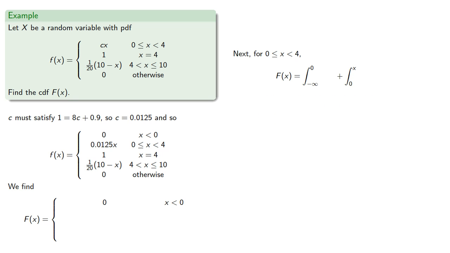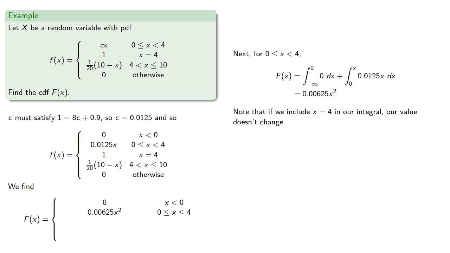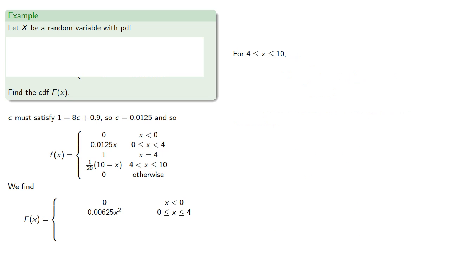And in the first interval, our function is 0, and in the second interval, our function is, and we can evaluate to get, now, note that if we include x equals 4 in our integral, our value doesn't actually change because we have a piecewise continuous function, and adding a single point doesn't change the integral value. We'll see why that's important in a moment.